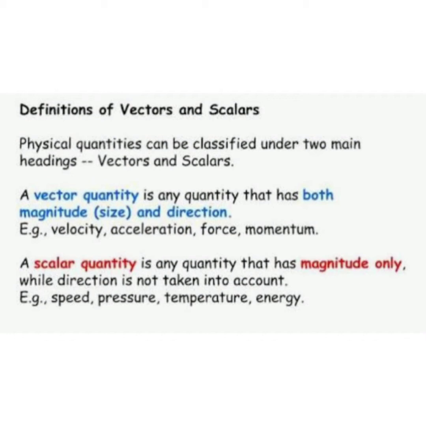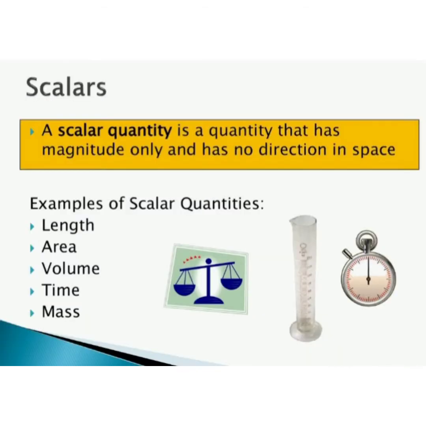These physical quantities can be divided into two categories: scalar and vector. Scalar means quantities that are fully described by a magnitude or numerical value. It does not depend on direction.